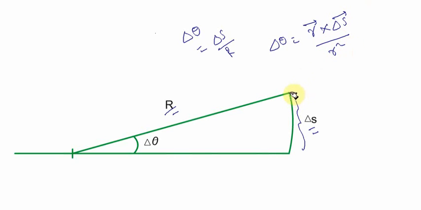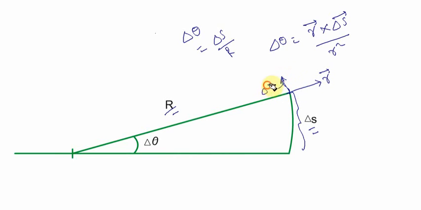Here the direction of the radius vector is radially outwards, so this is our R vector, and the direction of delta S is tangential to the arc. So if this is the arc, then the direction of delta S would be tangent to it, so it would be perpendicular to the radius vector.